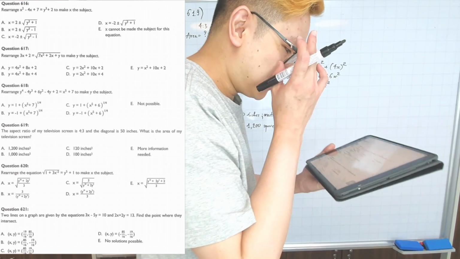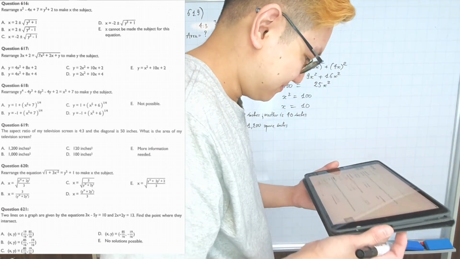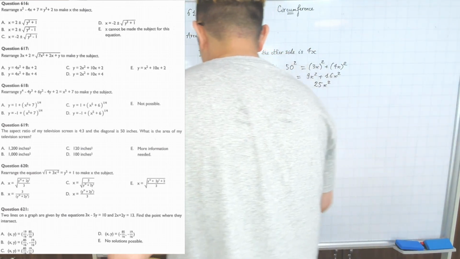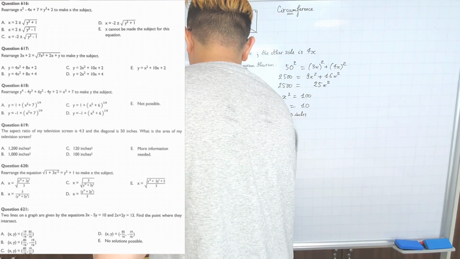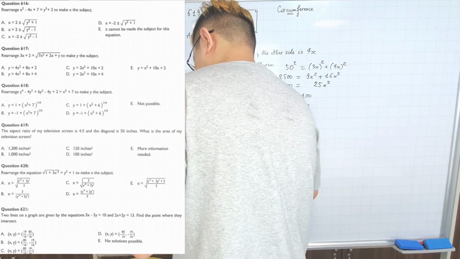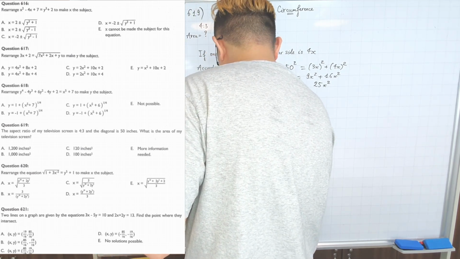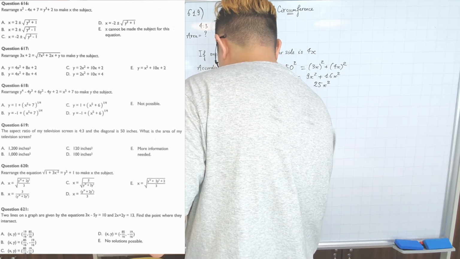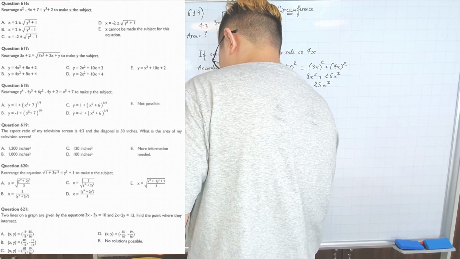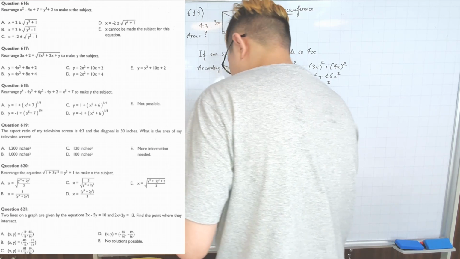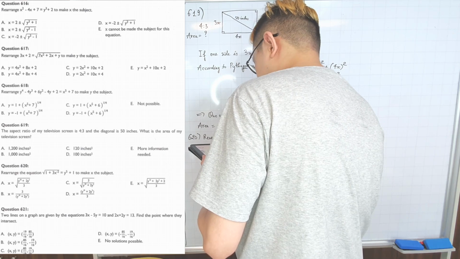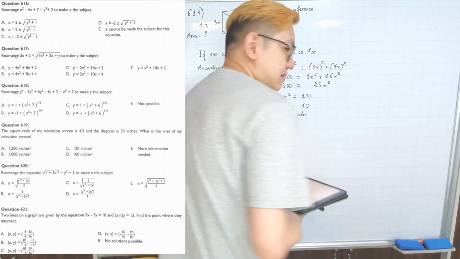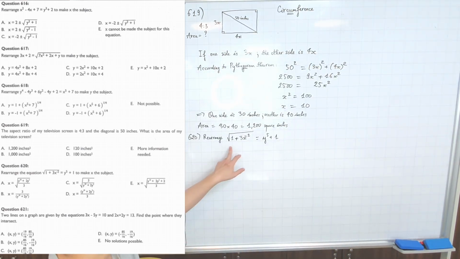Oh, just another question where you have to rearrange. They ask you to rearrange the equation, square root of 1 plus 3x to the power of minus 2 equal to y^5 plus 1, to make x the subject.